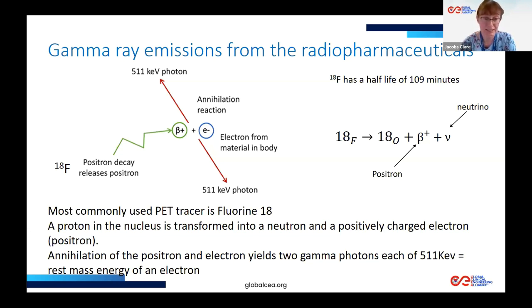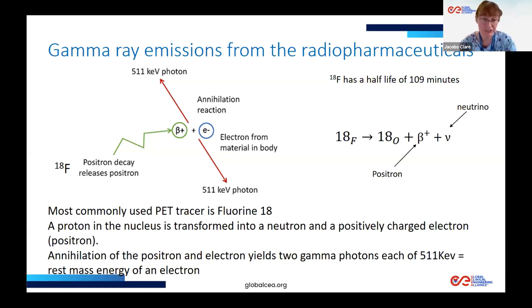This positron is emitted from the nucleus and travels a short distance of 1 or 2 millimeters before finding an electron in the patient's tissue. And the electron and the positron annihilate to produce 2 gamma rays of 511 kiloelectron volts in opposite directions.